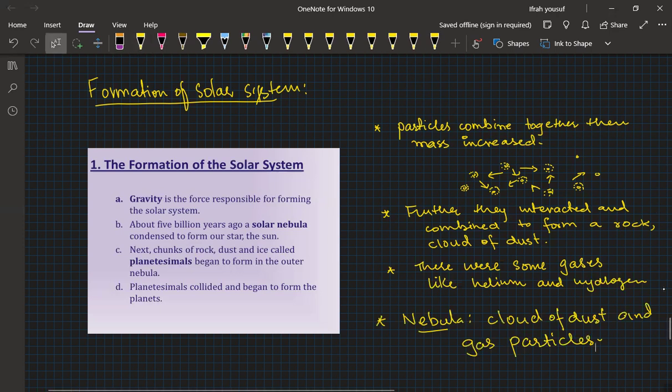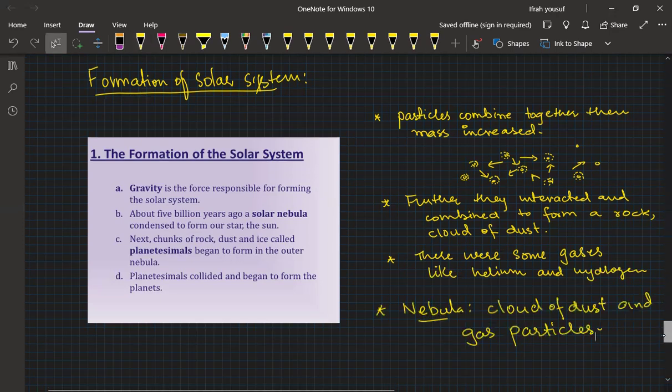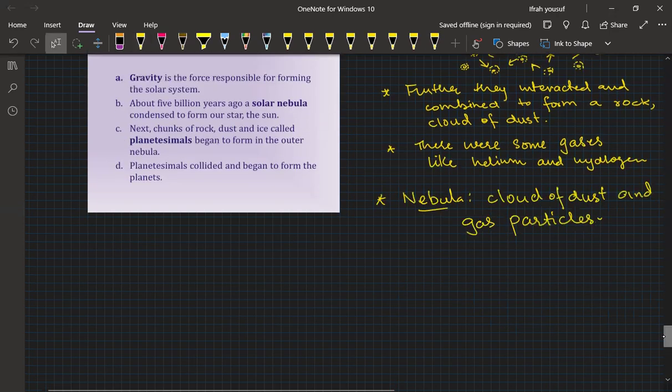So once the nebula was formed, the next step was that more particles were attached to the nebula and formed a big rock or a kind of object, right?